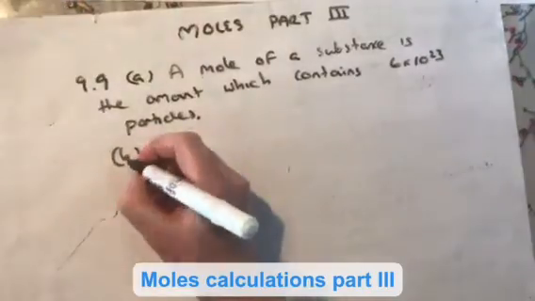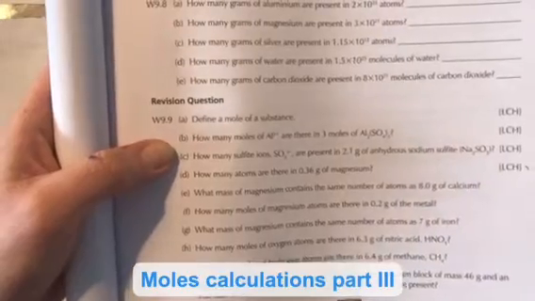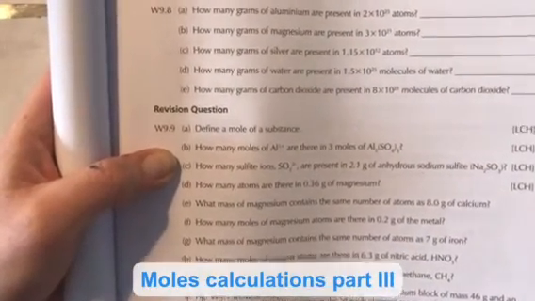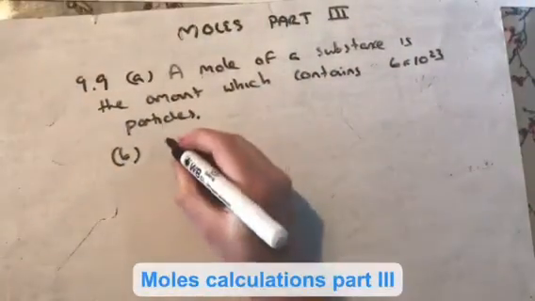Part B. Let's have a little look at this question. How many moles of aluminium are there in 3 moles of Al2(SO4)3? That's aluminium sulfate.